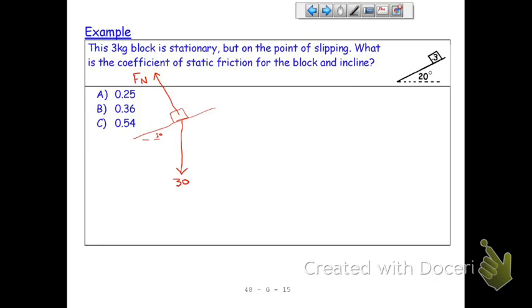There's got to be friction, otherwise this thing's going to accelerate. So this is going to be Ff. Mu is equal to Ff over Fn. Did I do that right? Yep.